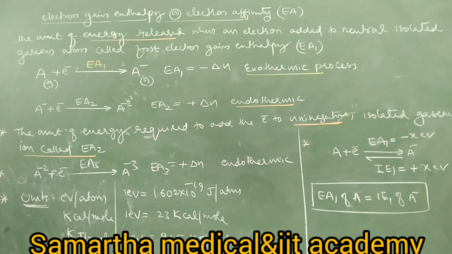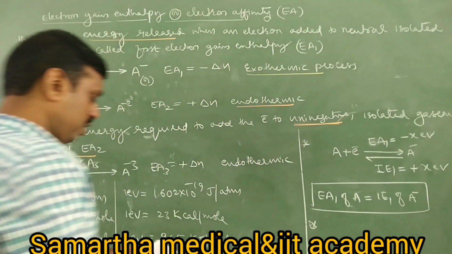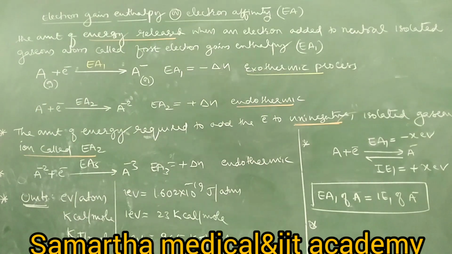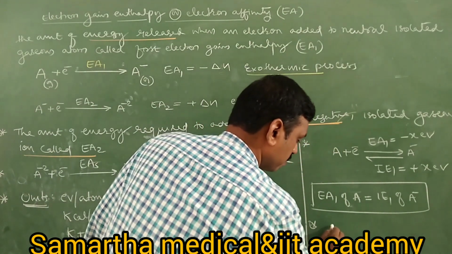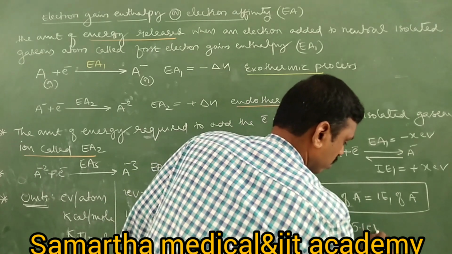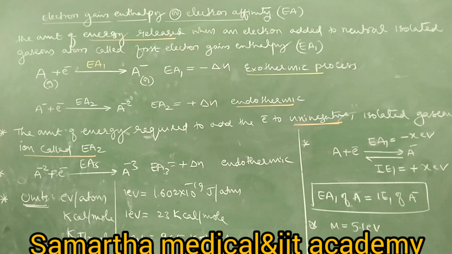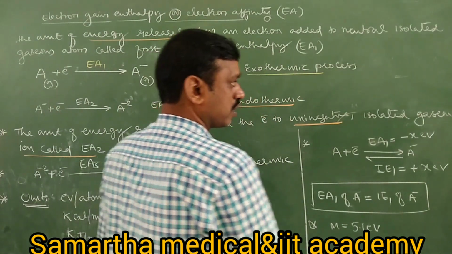Right, one question. I'll take one example only. The ionization enthalpy of an element M is 5.1 electron volt, and its electron affinity value is, come and tell me.